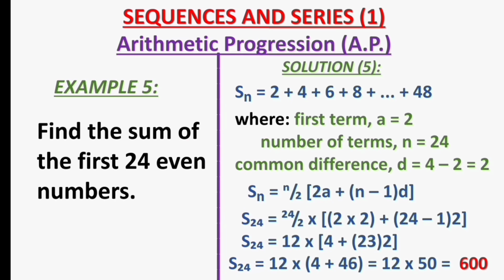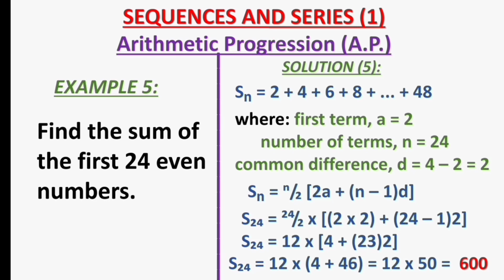Substituting 24 for n, 2 for a, and 2 for d into the second formula for arithmetic progression series, which is S subscript n is equal to n over 2 into (2a plus (n minus 1) in brackets times d), we are going to have S subscript 24 is equal to 24 over 2 times (2 times 2 plus (24 minus 1) in bracket times 2).